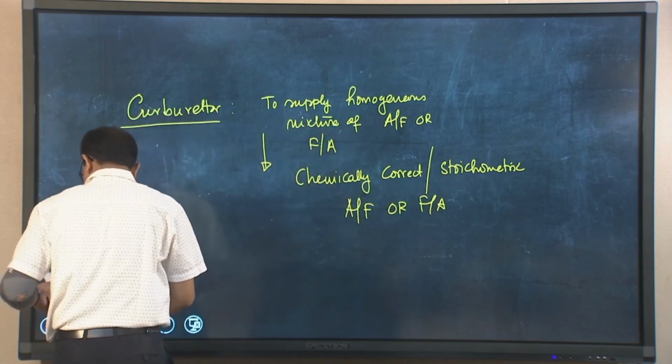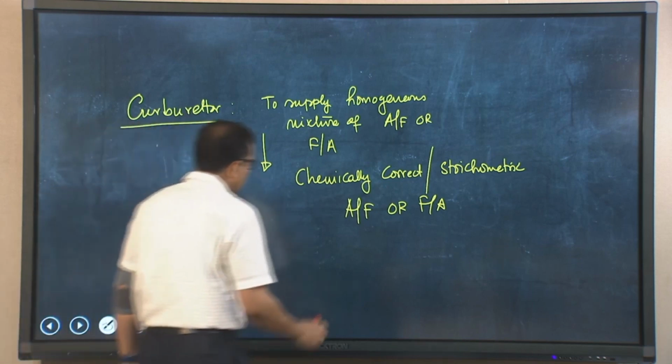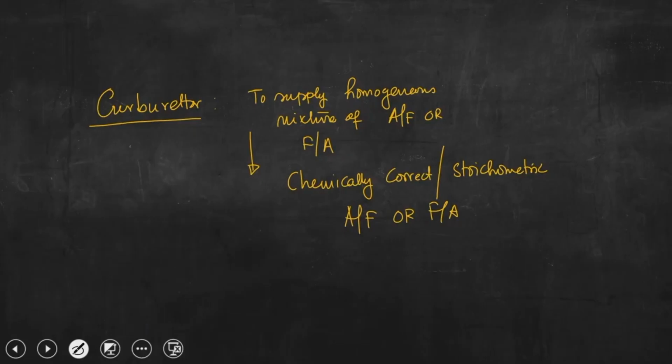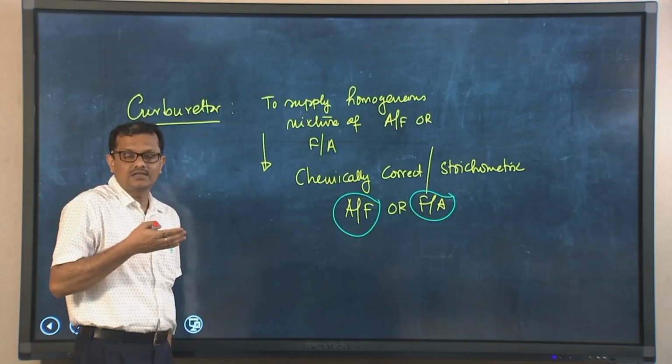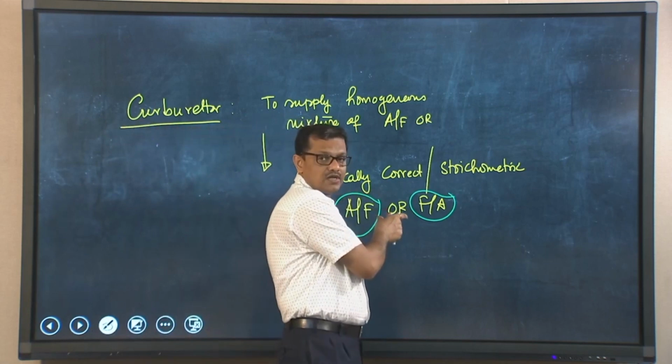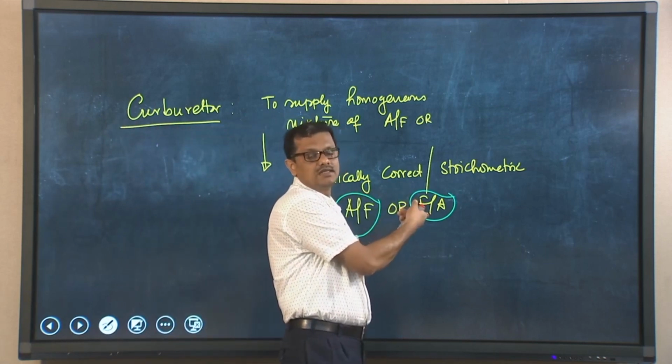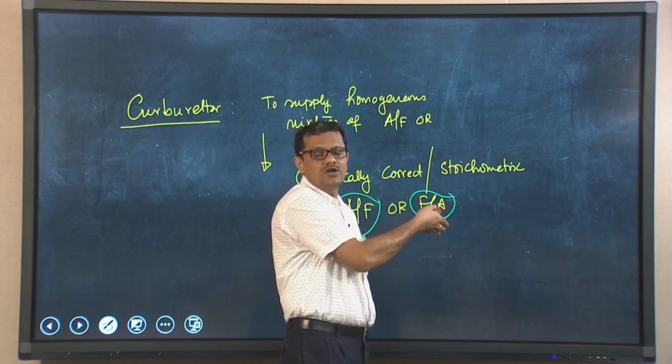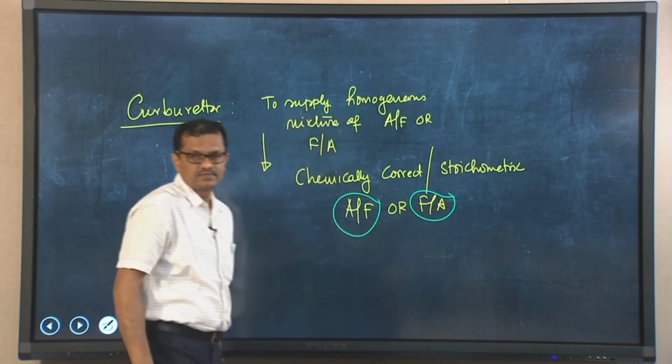So, now let us talk about what is air fuel or fuel air mixture, because I have already introduced it. The chemically correct or stoichiometric air fuel or fuel air mixture should be supplied by the carburetor, and the special feature of this element is to provide the chemically correct air fuel ratio as per the requirement of the engine, and it may vary if the load or power required by the engine varies, right.